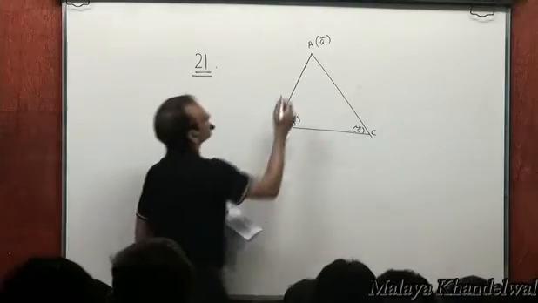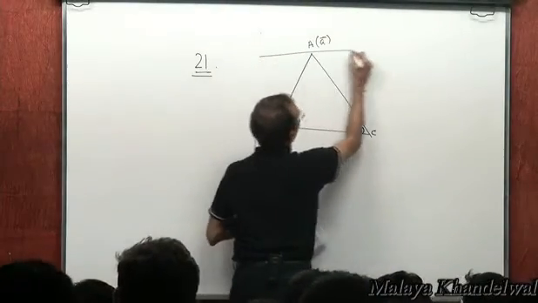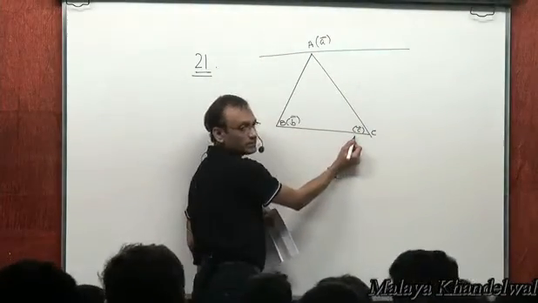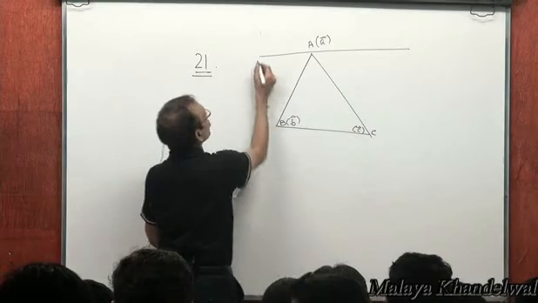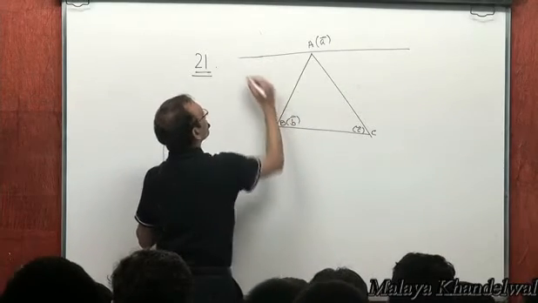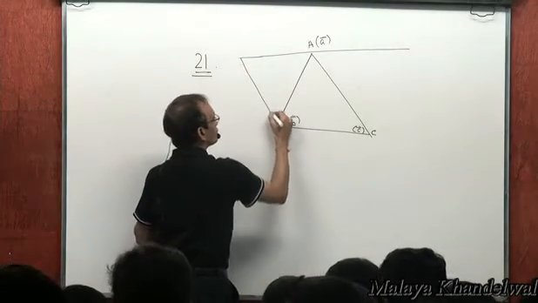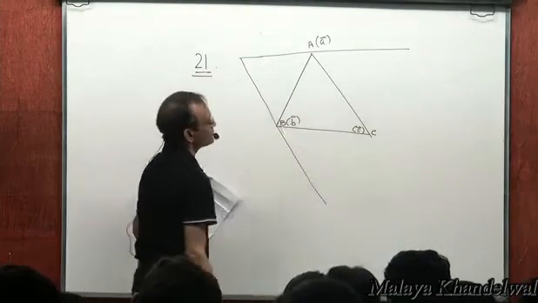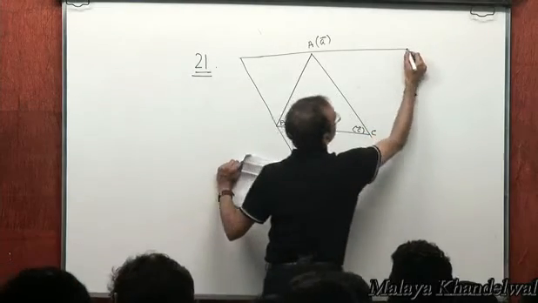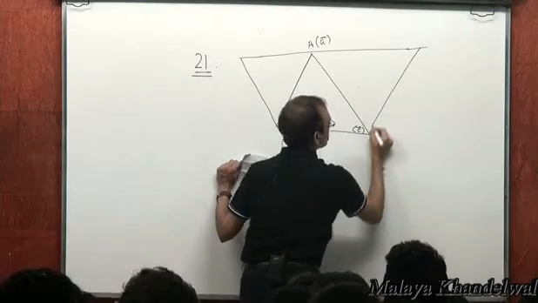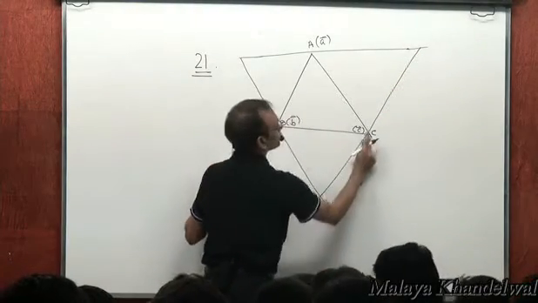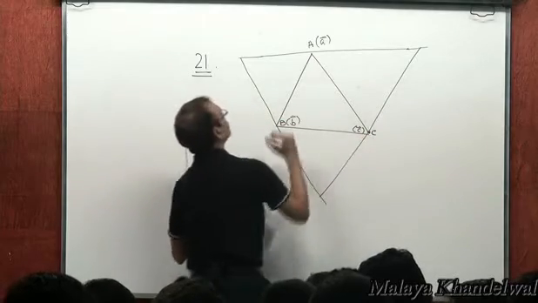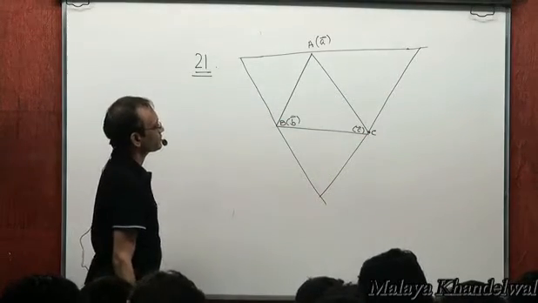Now we are drawing through A a line parallel to BC, drawing through B a line parallel to AC, and drawing through C a line parallel to AB, right?